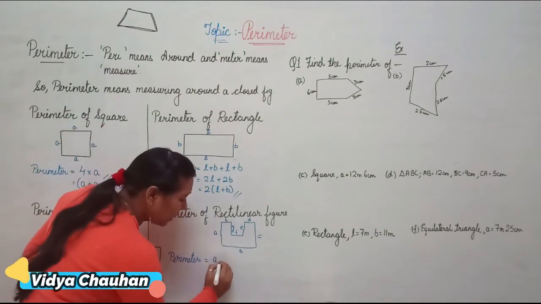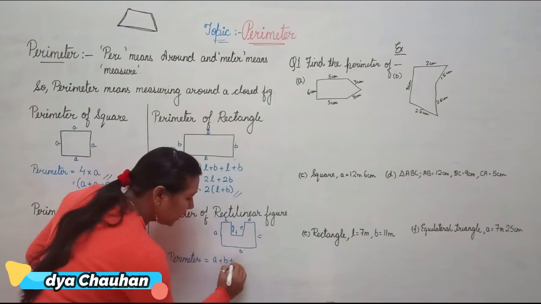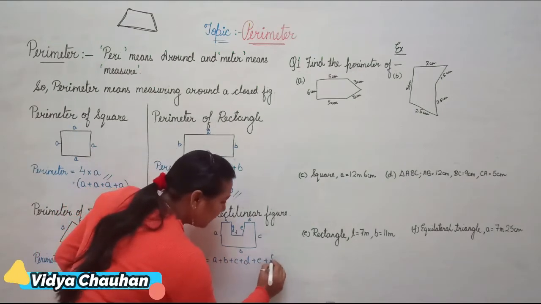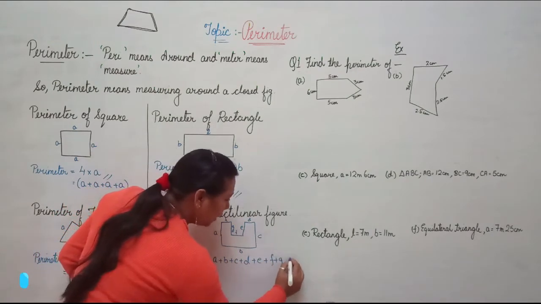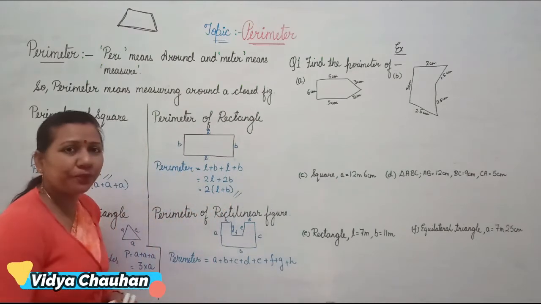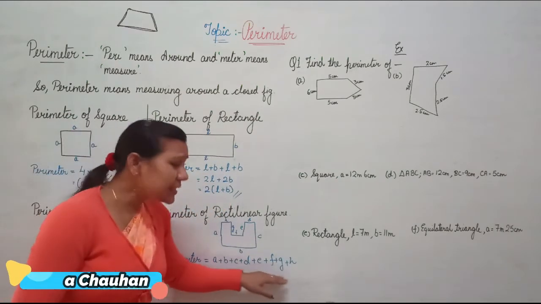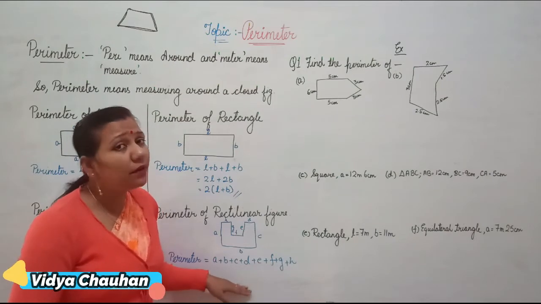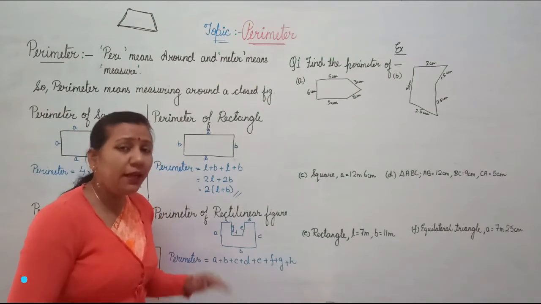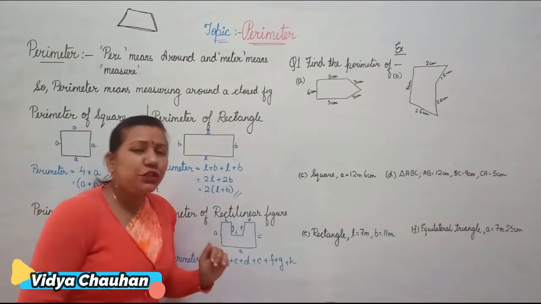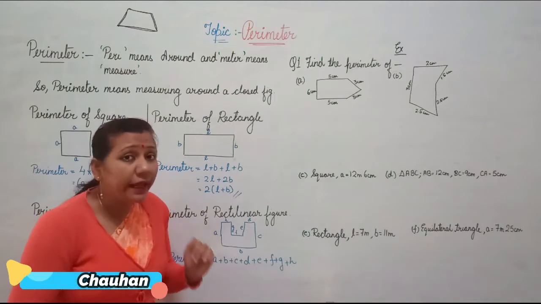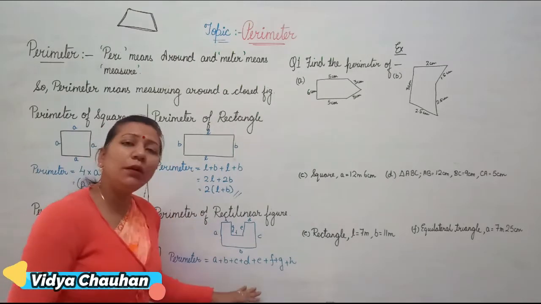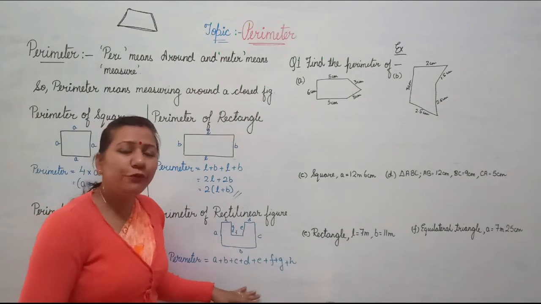So perimeter will be equal to A plus B plus C plus D plus E plus F plus G plus H. These sides can be of equal length also and can be different also, but basically in a rectilinear figure you just have to add all the lengths, that means the sides of the figure, and then you will get the perimeter of that particular figure.